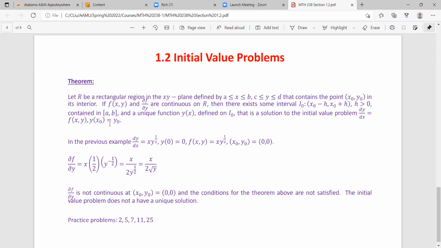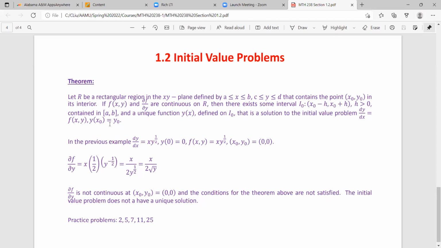So how do we know we have a unique solution for the first order initial value problem? You just want to make sure the function f and the partial derivative of f with respect to y are continuous.